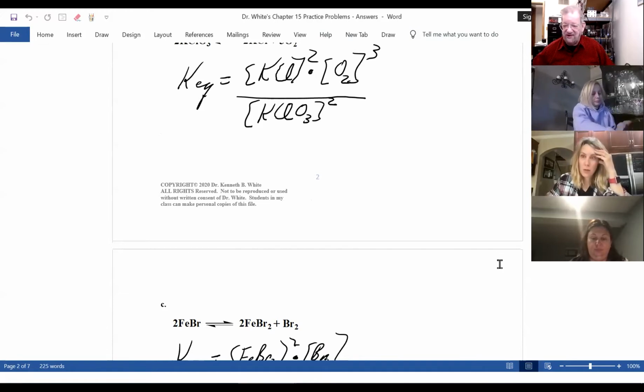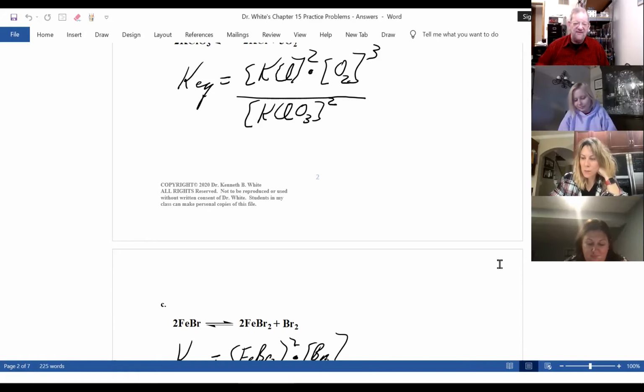Gesundheit, whoever just sneezed. Dr. White has good eyes. Ears, no. Eyes, yes. It's awful humor day. But anyways, the equilibrium constant is equal to the concentration of each product on top, to the power of its coefficient, divided by the concentration of each reactant to the power of its coefficient.